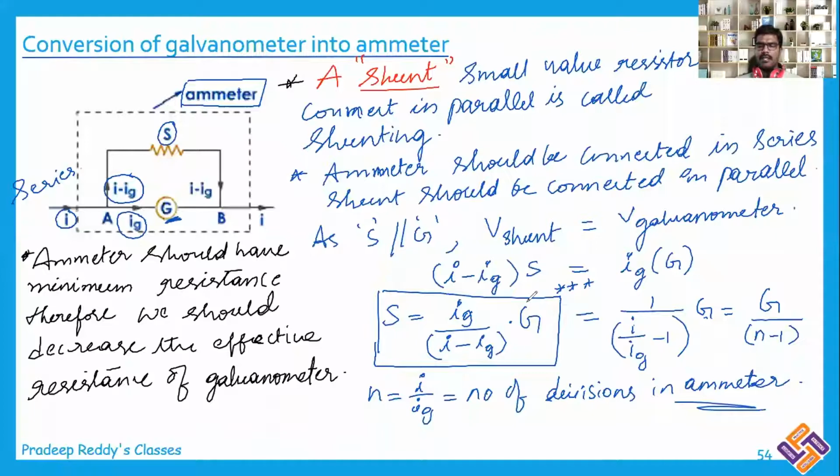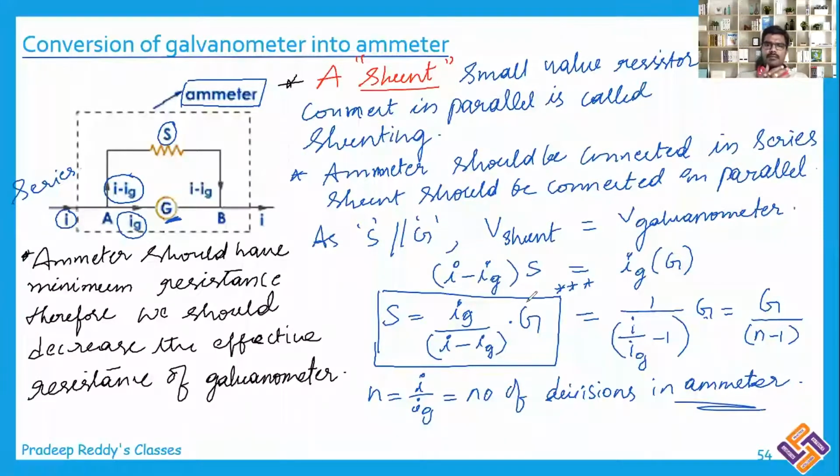So in order to convert a galvanometer into an ammeter, you will take a very small shunt resistor, and that shunt resistor should be connected in parallel to the galvanometer, and the whole arrangement should be given in series. And the principle here is voltage through galvanometer and voltage at the shunt resistor both should be equal because they are connected in parallel.